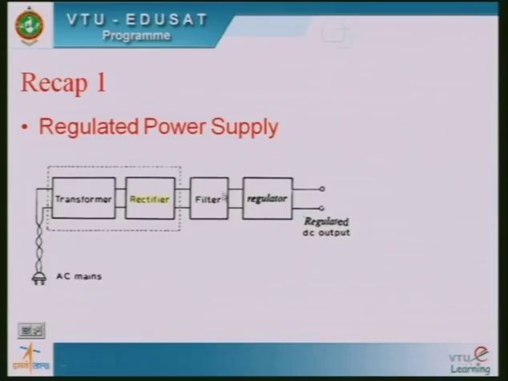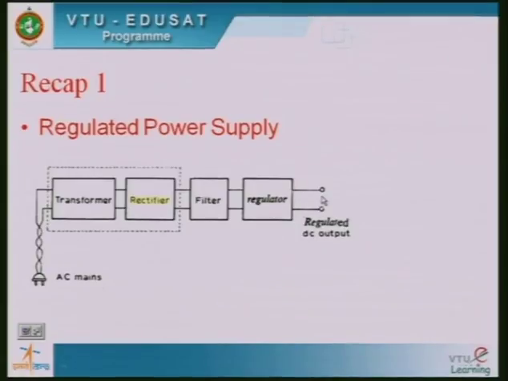As I told you, usually a Zener diode is used as a voltage regulator. The main job of the voltage regulator is two: one is line regulation, another is load regulation. In case of line regulation, if there is any variation in the input supply, this regulator will provide a continuous output.